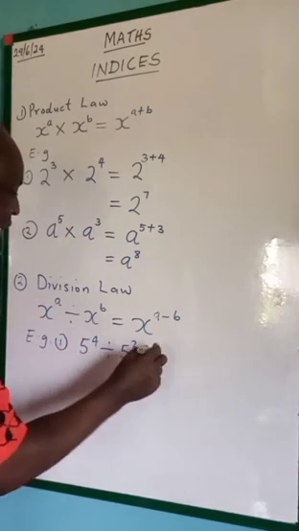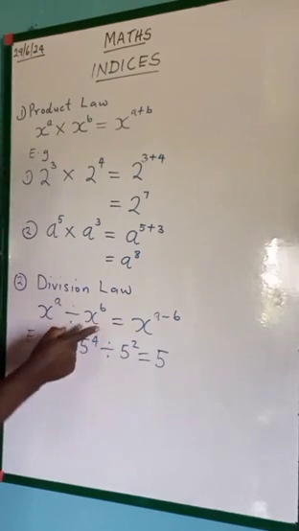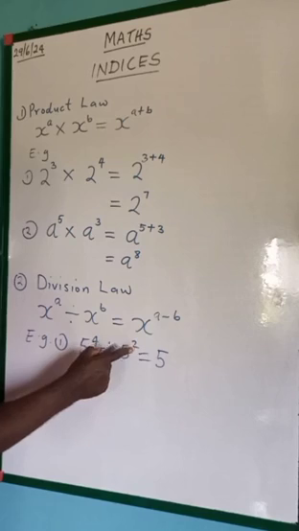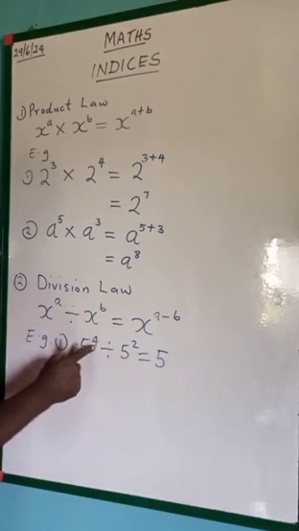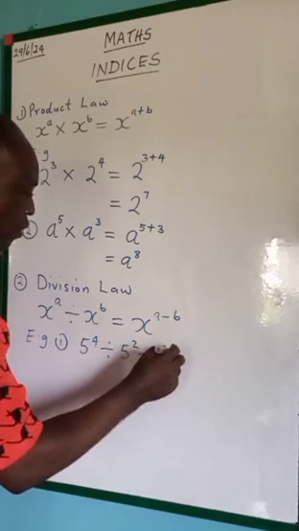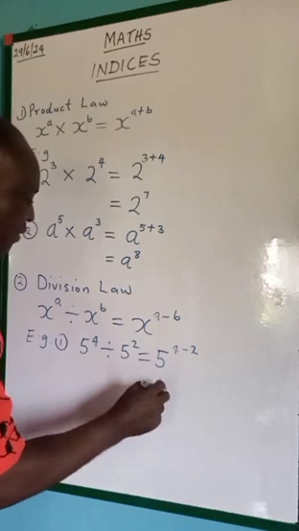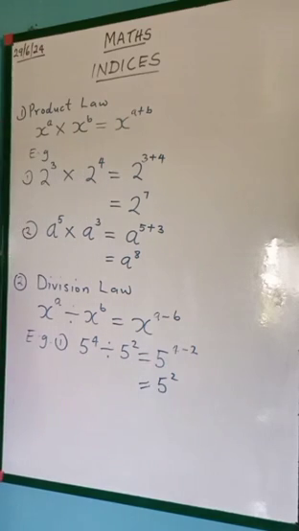In this case, we are having 5. Then minus the power of the denominator, in this case 2, from the power of the numerator, which is 4 minus 2. And that will give us 5 raised to power 2.